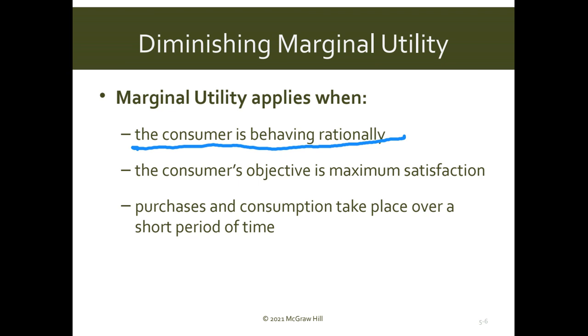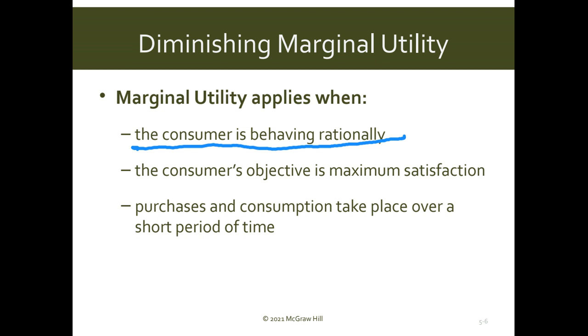Second, the consumers' objective is to maximize satisfaction. Your objective for consuming any product is to maximize your satisfaction. You are not consuming a product in order to maximize your friend's satisfaction because he or she likes you to consume that product. You are consuming and trying to maximize your own satisfaction or utility.